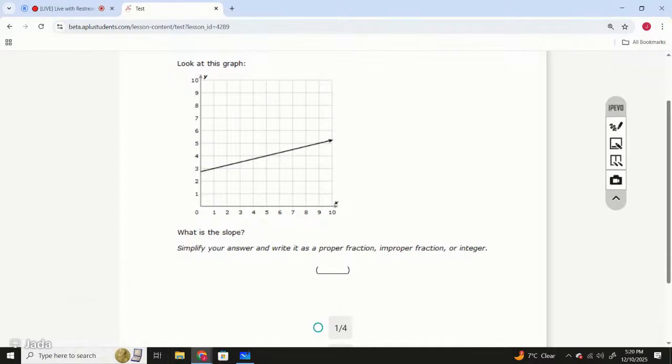Look at the next one. So we have to find 2 points on the graph and then we need to calculate the slope.